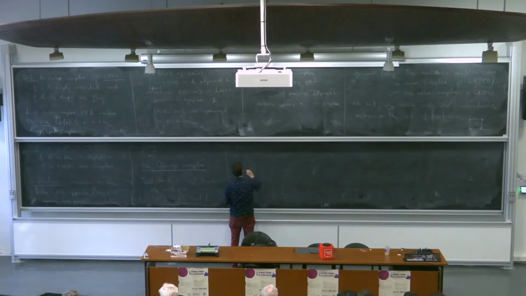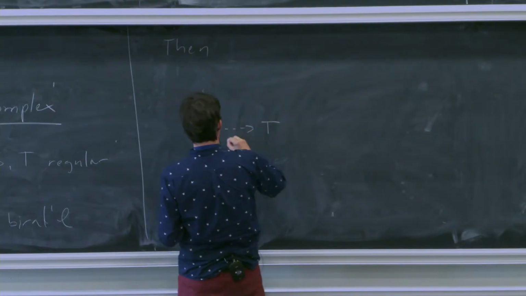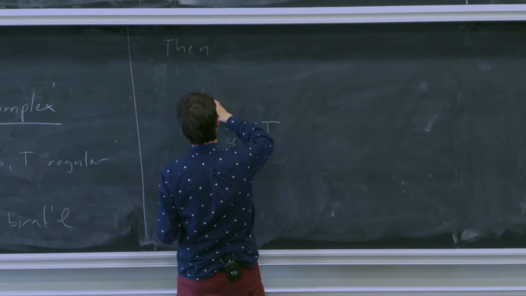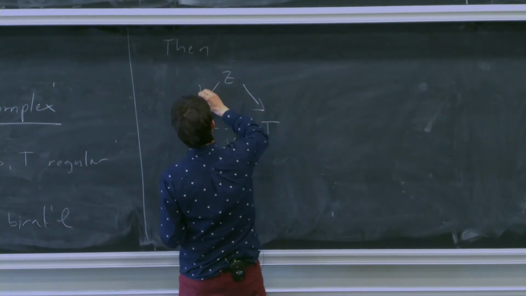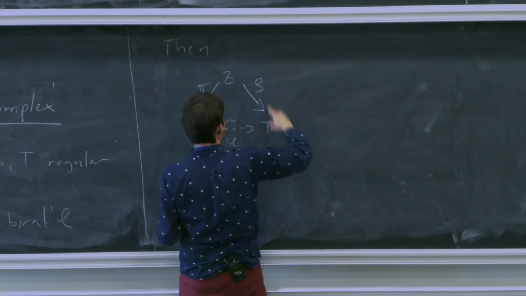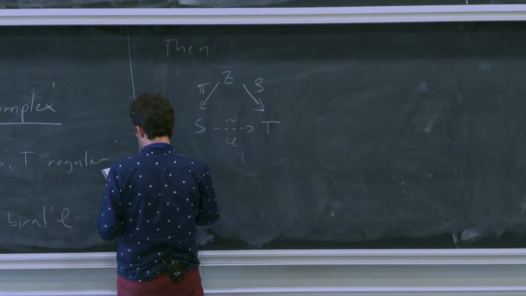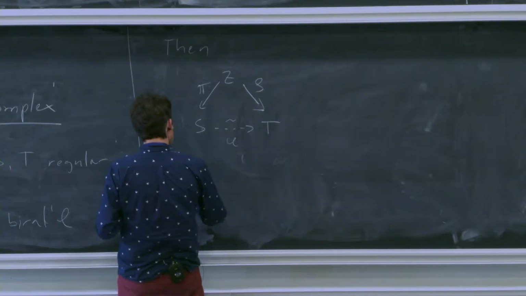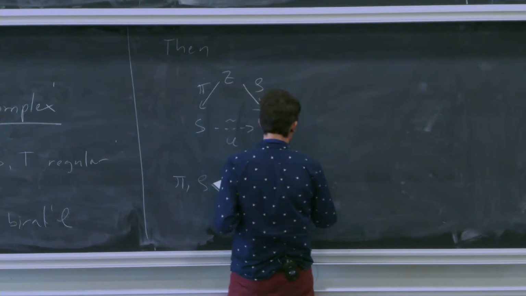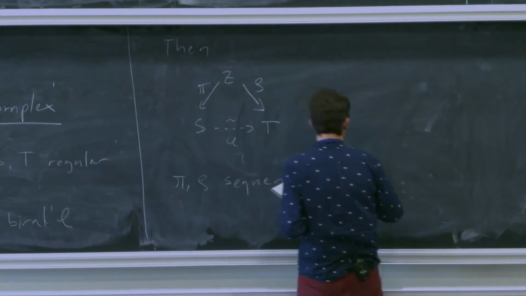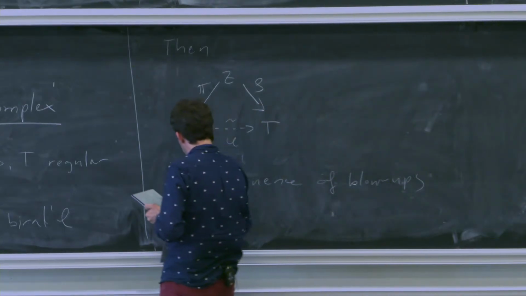So then we can always write phi as factorized into a sequence pi of blow-ups, and here another sequence rho of blow-ups, where pi and rho are sequences of blow-ups of closed points.